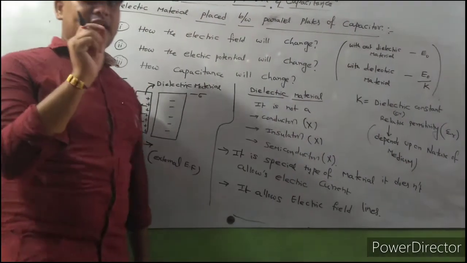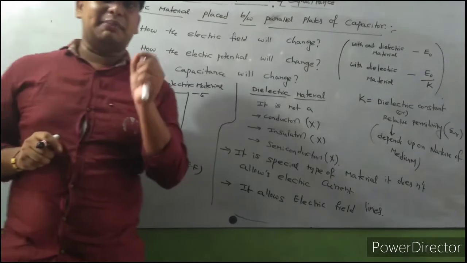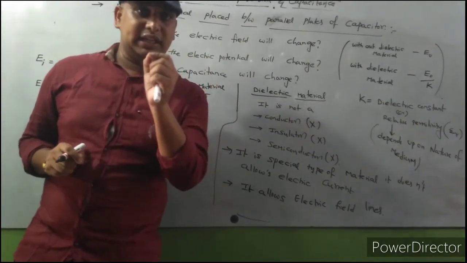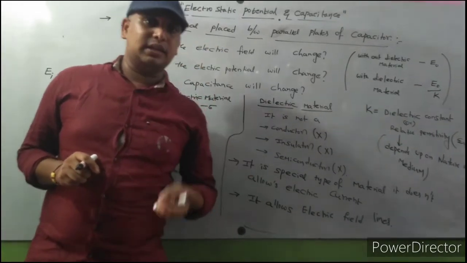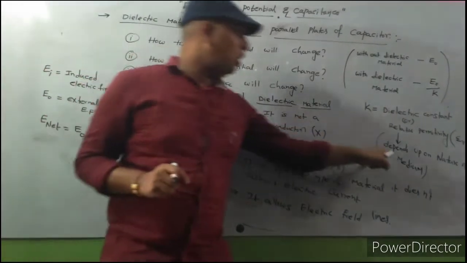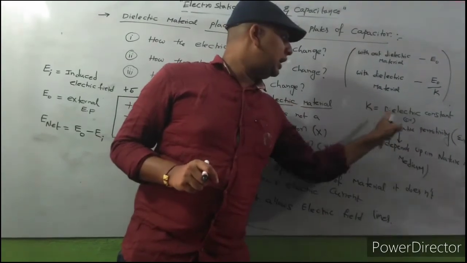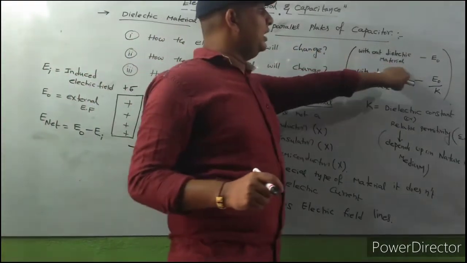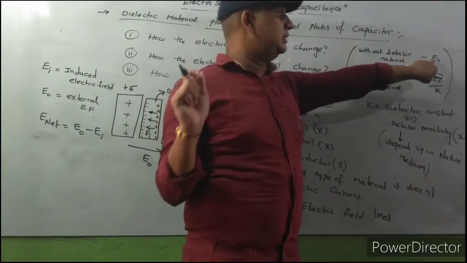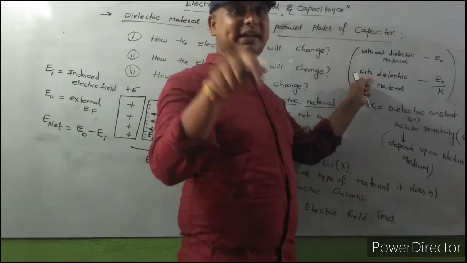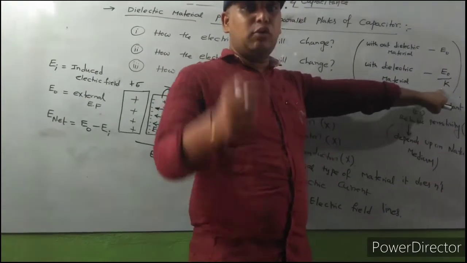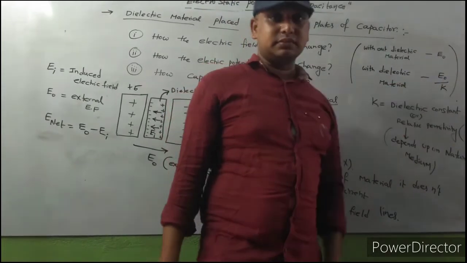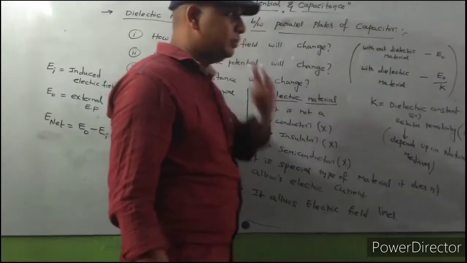If you consider any dielectric material, it should have some dielectric constant, indicated with K, also known as relative permittivity, epsilon R. Without dielectric material, the electric field between the plates is E naught. Whenever we place dielectric material, the electric field is reduced. How much? 1 by K times.